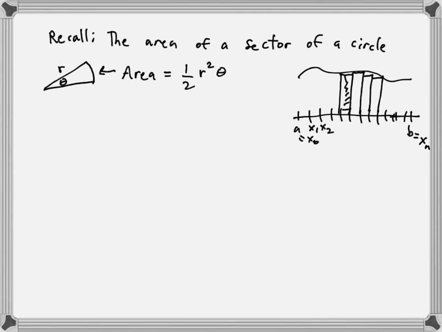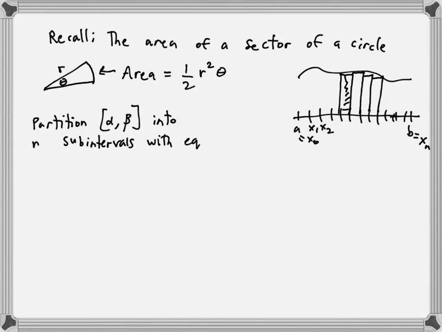So we're going to do a similar process, except we're going to partition alpha to beta into n subintervals with equal width. And we're going to call the widths delta theta.